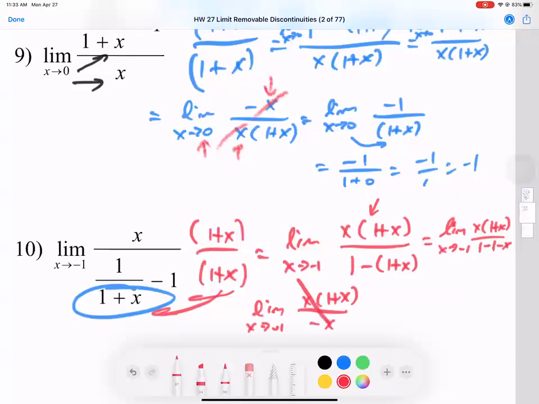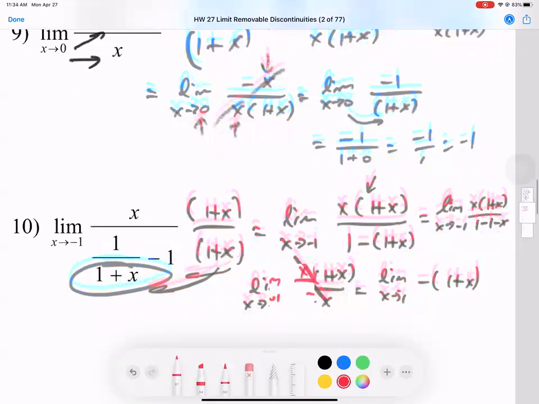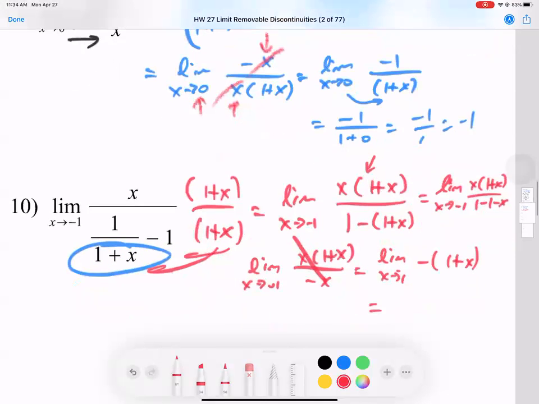We can divide our x's. Limit, as x approaches negative 1, of negative 1 plus x, plugging in negative 1, and we're left with negative 0, which is 0.